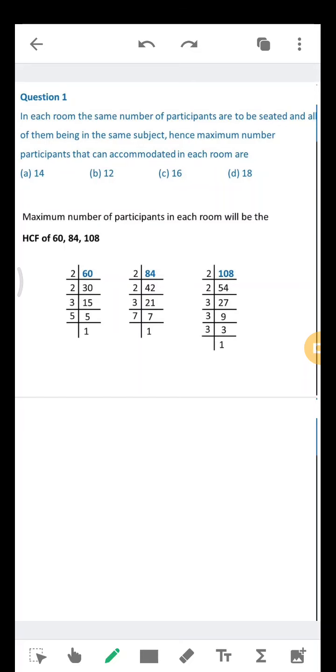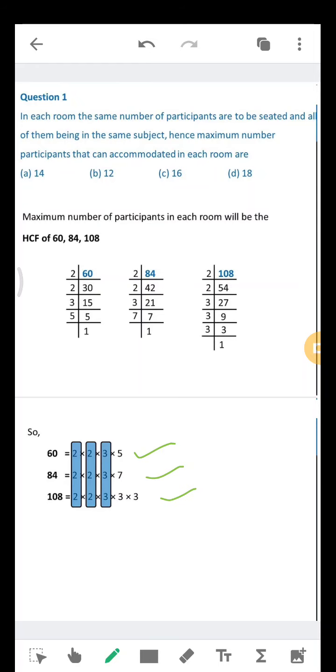Now after finding the prime factorization, we'll find the HCF. We'll write the prime factors. You should be very careful in finding the prime factors. Now what's common in this? That is circled here. You can see 2 is common once and 2 is common a second time, then 3 is common.